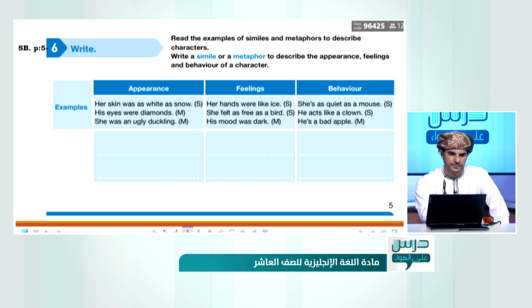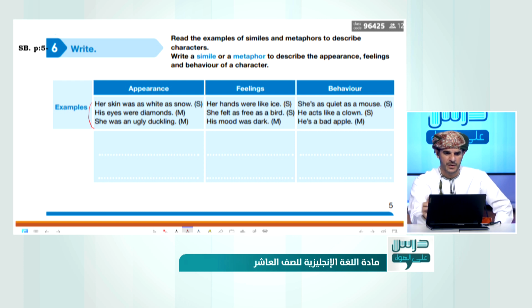Appearance, feelings, how do you feel, and behavior, how do you behave. Try to find out more about them. What do they mean?